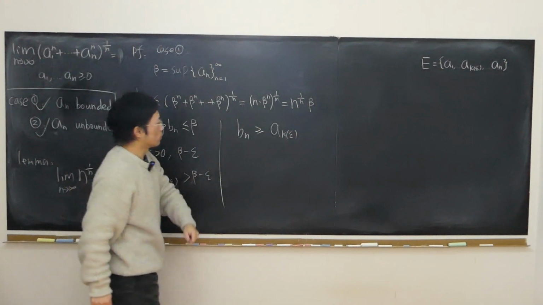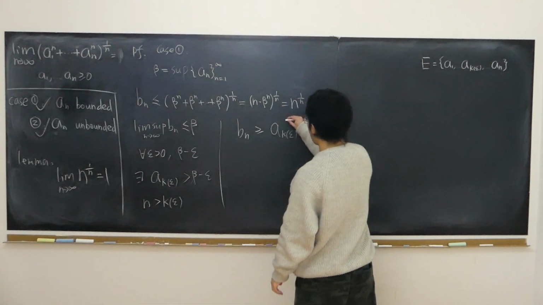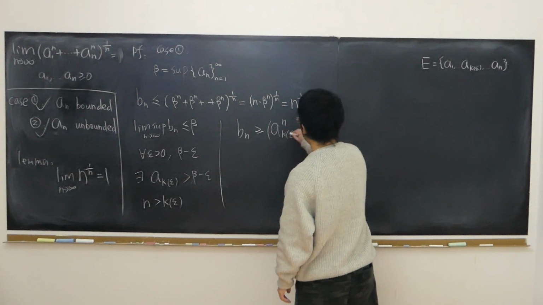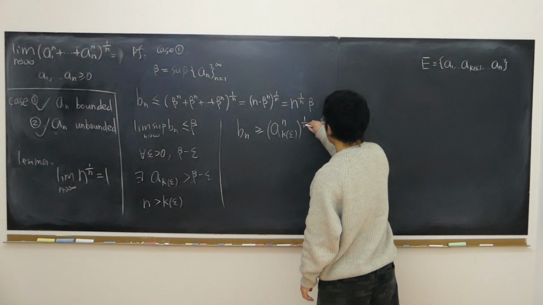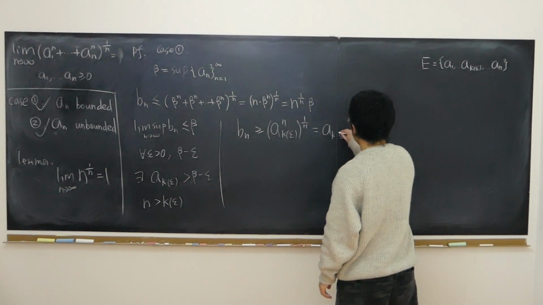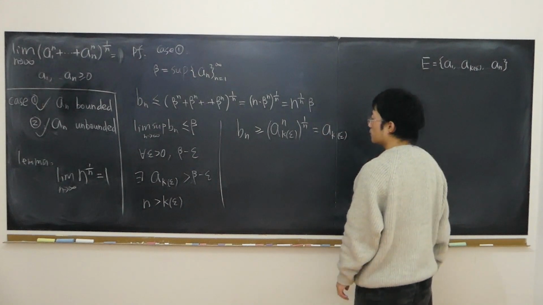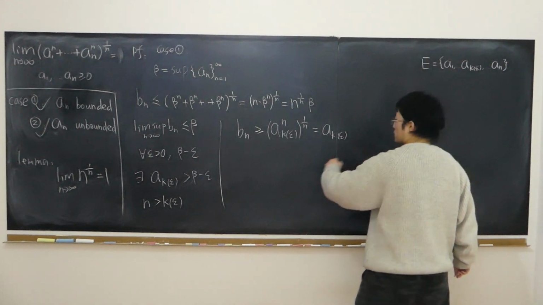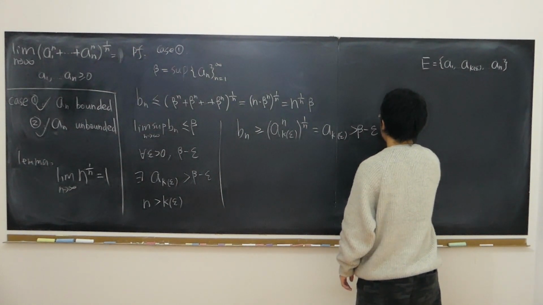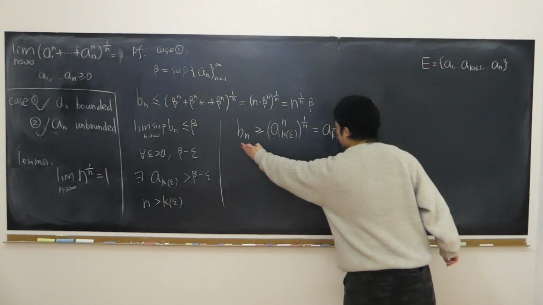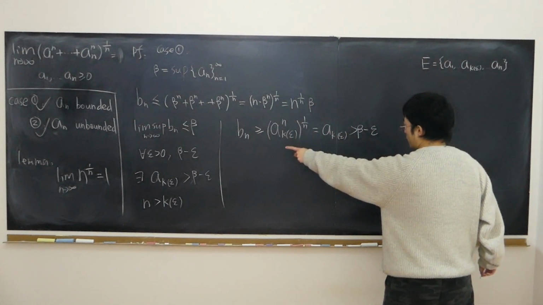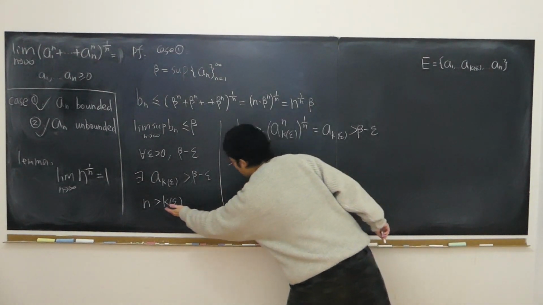Only left with this term to the power of n, quantity to the power of 1 over n, that is equal to A sub k of epsilon. And that is larger than beta minus epsilon already. Right? So we have Bn is larger than beta minus epsilon, as long as little n is larger than this fixed subscript.